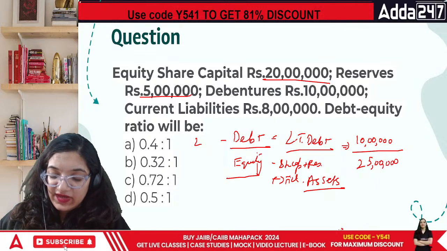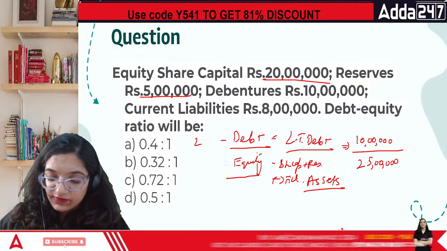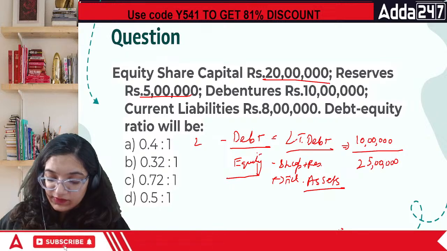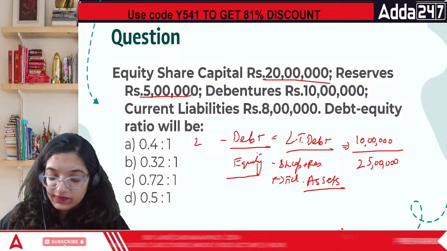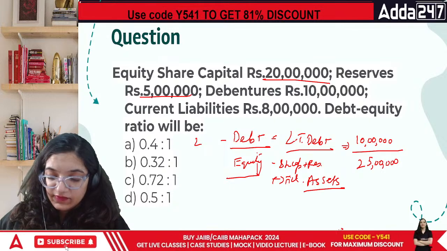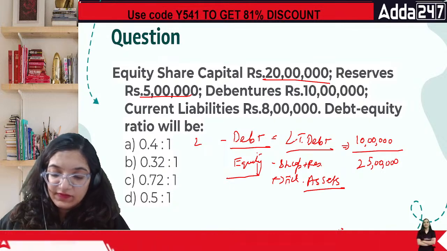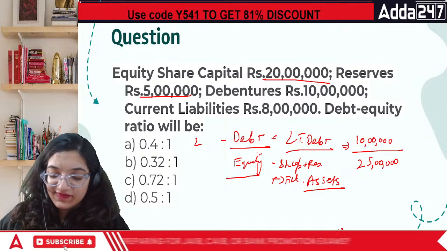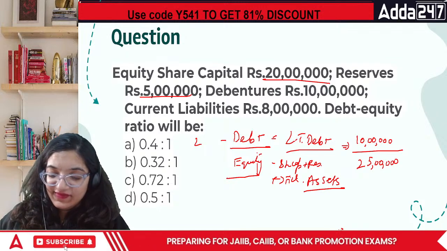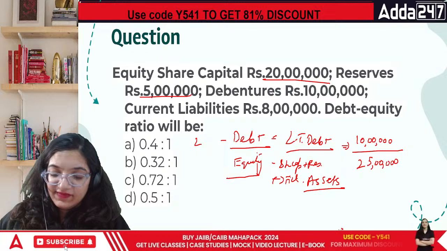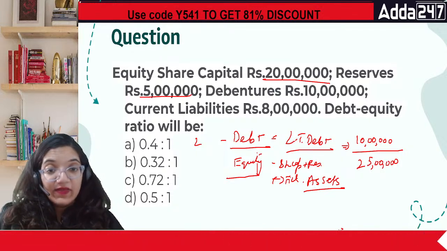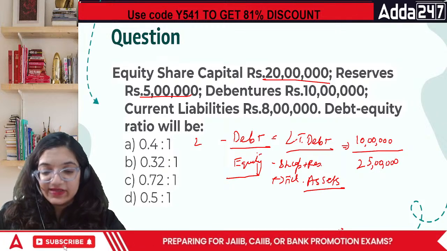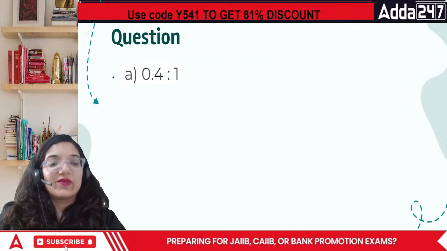Now let's look at the next pointer. The correct answer is 0.4 is to 1. Correct, sir. The answer is 0.4 is to 1.